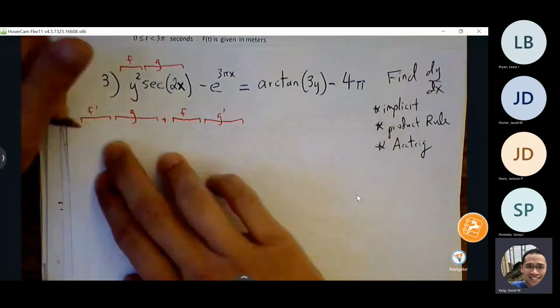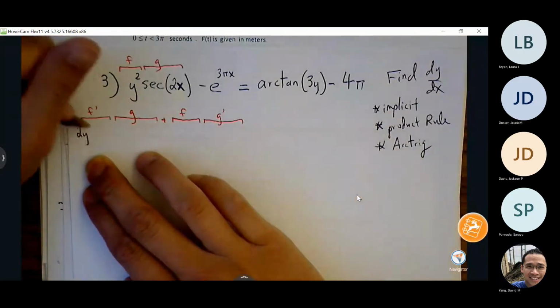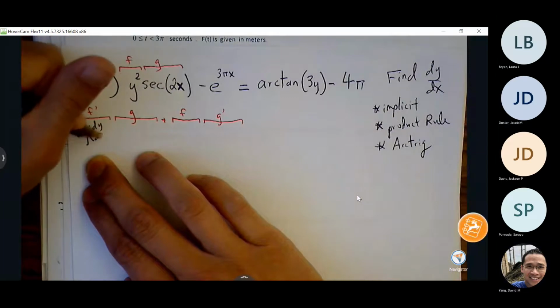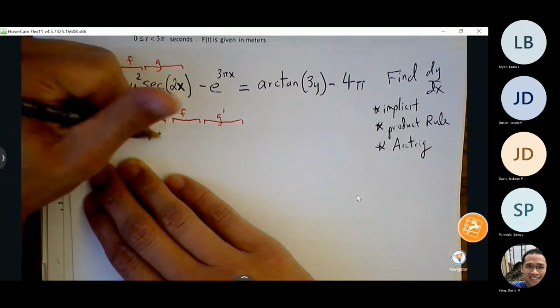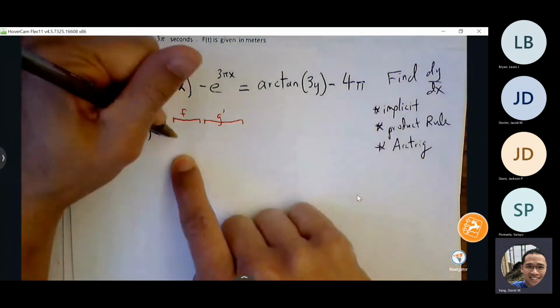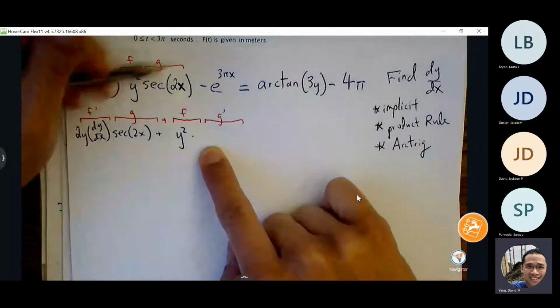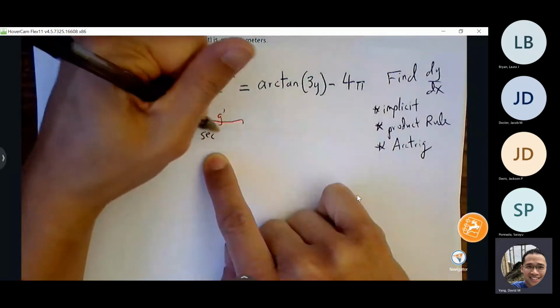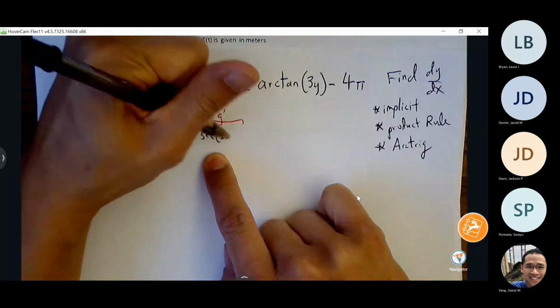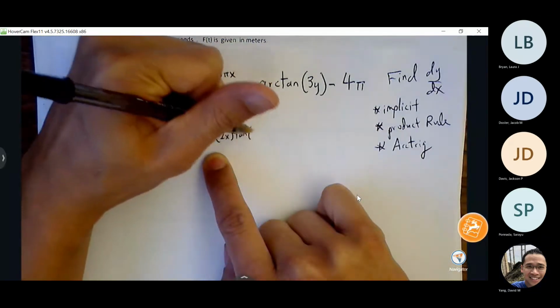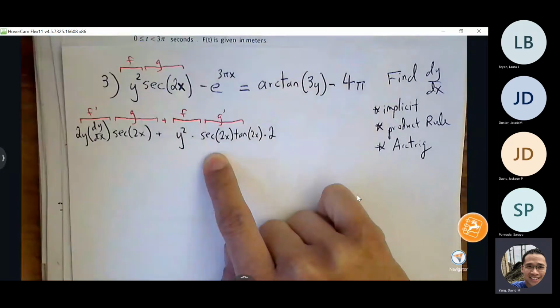Okay, so y squared becomes 2y dy dx. Fg prime. Secant of u. Secant u becomes secant u tangent u times u prime.